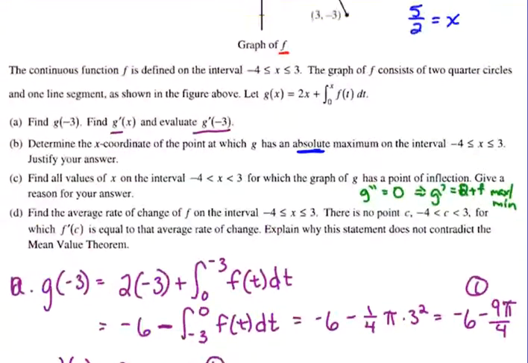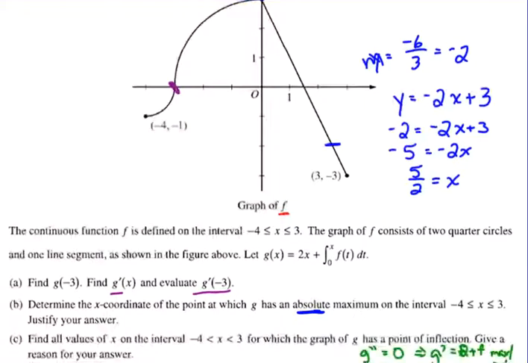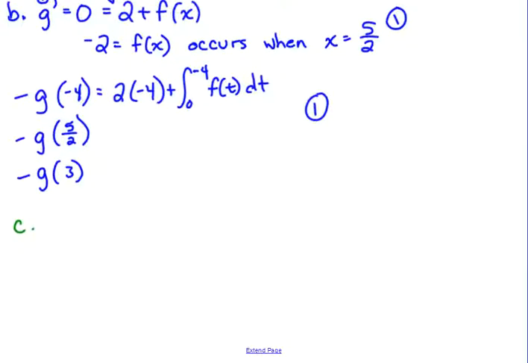So let's see where we have a maximum or a minimum here. We only have a relative maximum or a minimum at x equals 0. Okay, so g double prime of x equals f prime of x.